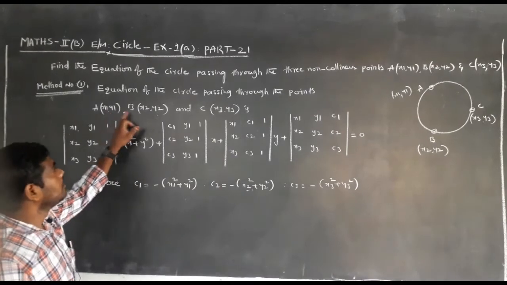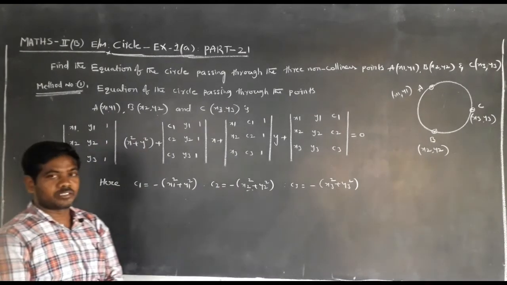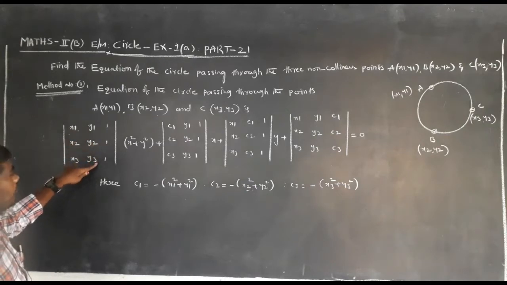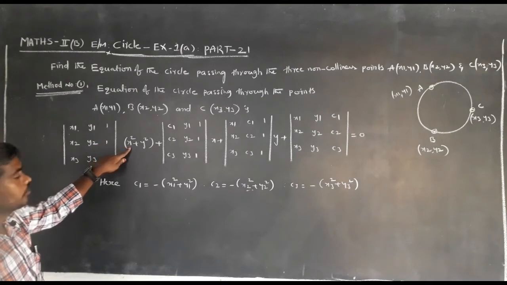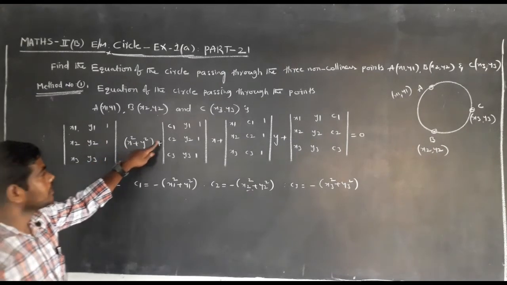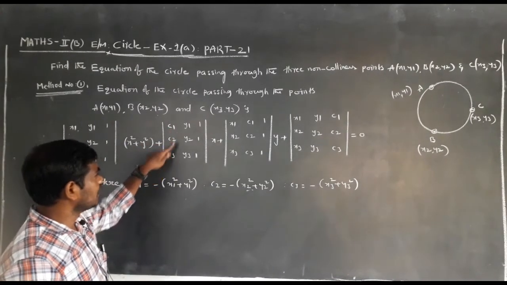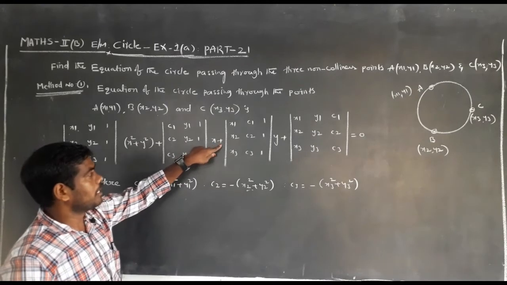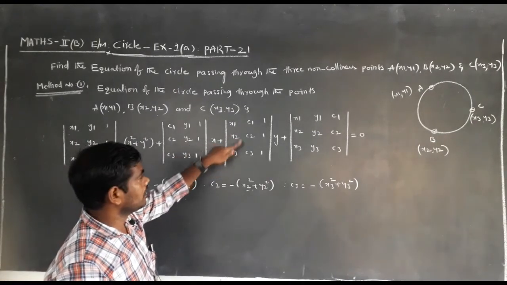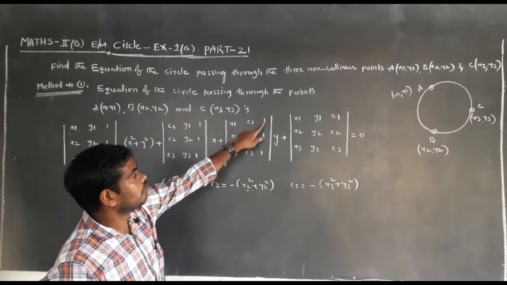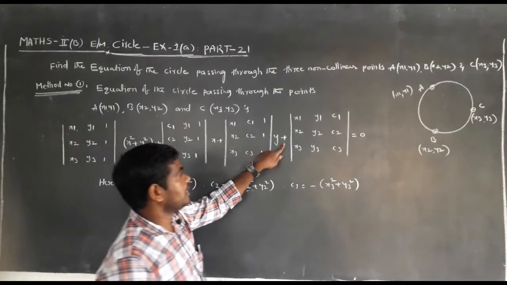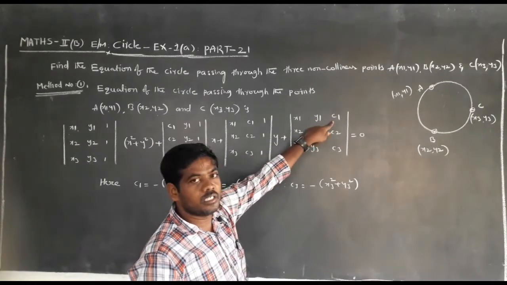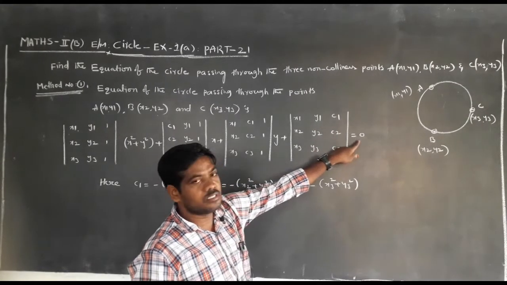This is the formula for the equation of the circle passing through A (x1, y1), B (x2, y2), and C (x3, y3): the determinant of [x1 x2 x3; y1 y2 y3; 1 1 1] into (x square plus y square), plus the determinant of [C1 C2 C3; y1 y2 y3; 1 1 1] into x, plus the determinant of [x1 x2 x3; C1 C2 C3; 1 1 1] into y, plus the determinant of [x1 x2 x3; y1 y2 y3; C1 C2 C3] is equal to 0.